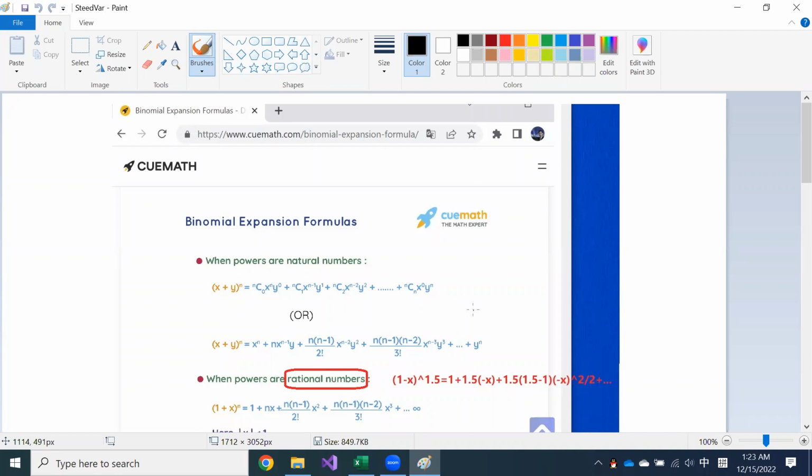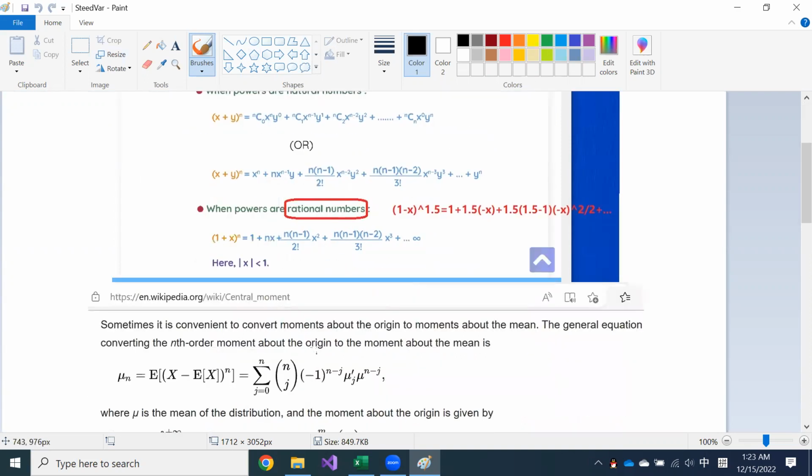Now I'm going to explain how I came up with this strange formula. If you go to qmath.com, you will see this kind of formula, the binomial expansion. When the power is a rational number, and 1.5 obviously is rational, you can expand the formula this way.